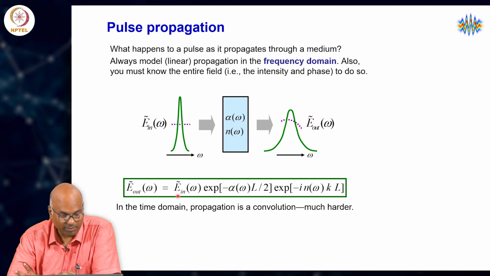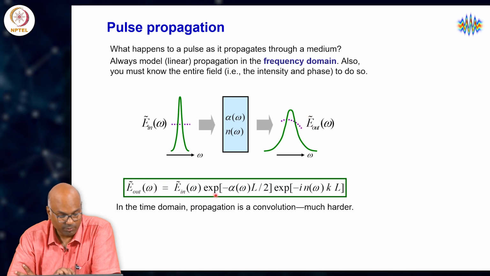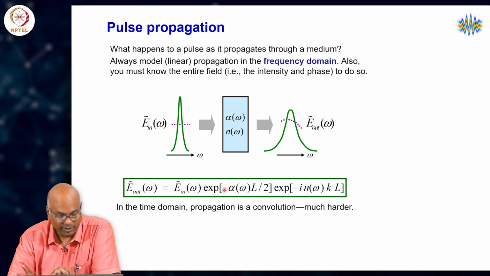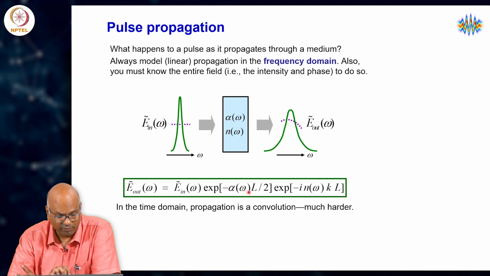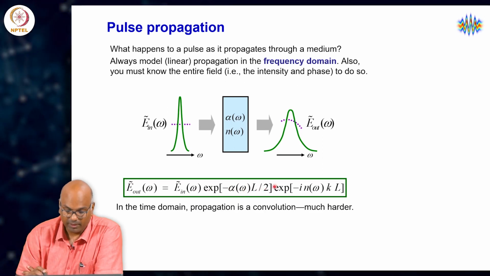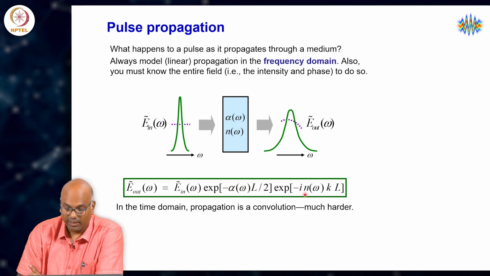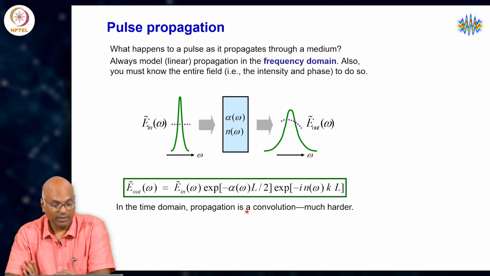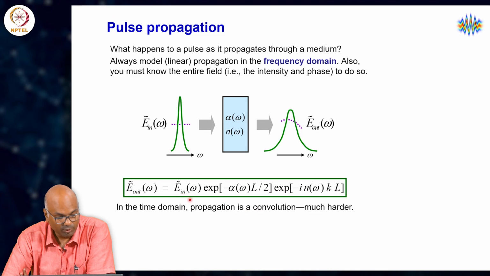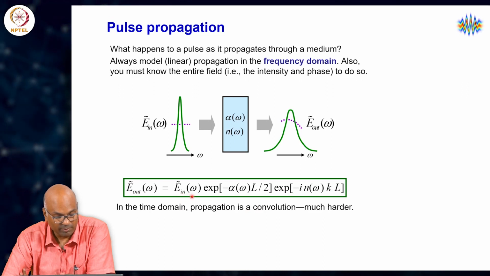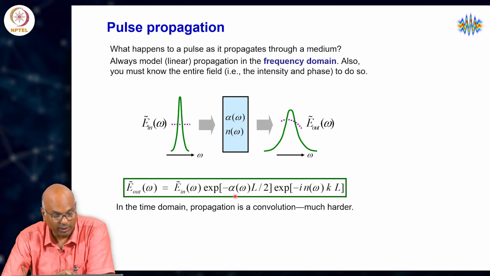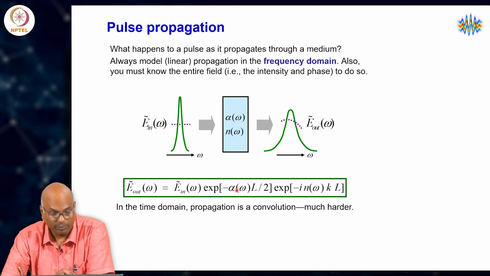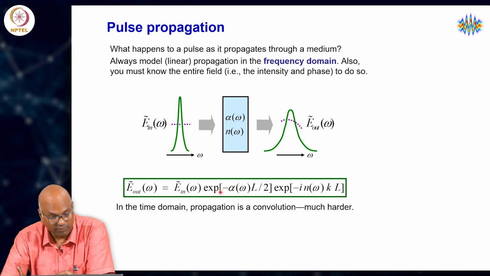All of this is captured in writing the output in terms of the input as something multiplied by exponential factor minus alpha L by 2 times exponent i times n k times L. So, this is to say that the input spectral amplitude function is modulated by the frequency dependent absorbance alpha in the exponent.